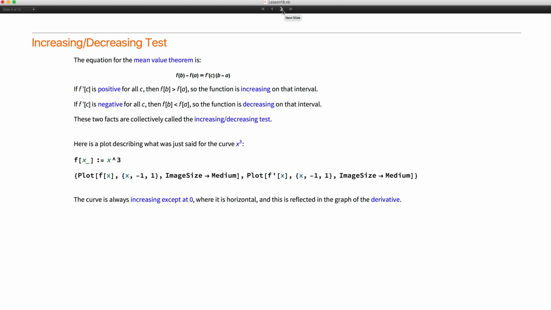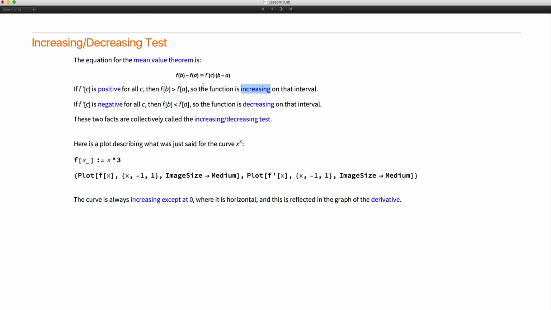But let's begin with the mean value theorem, which says that f of b minus f of a is f prime c times b minus a for some value c between a and b. So if f prime c happens to be positive for all c, then assuming that b minus a is positive, so b is greater than a, then we have f of b greater than f of a, so the function is increasing on that interval.